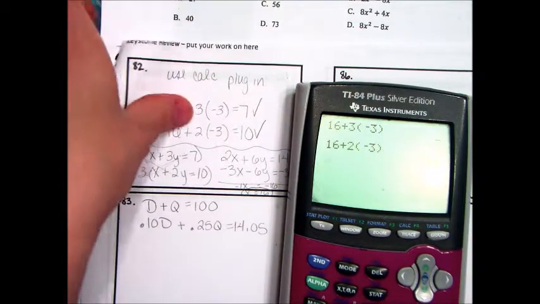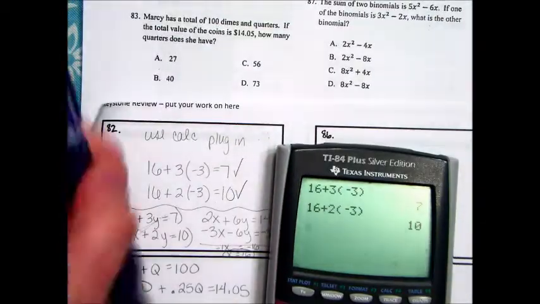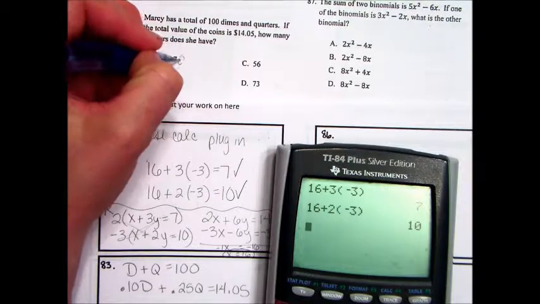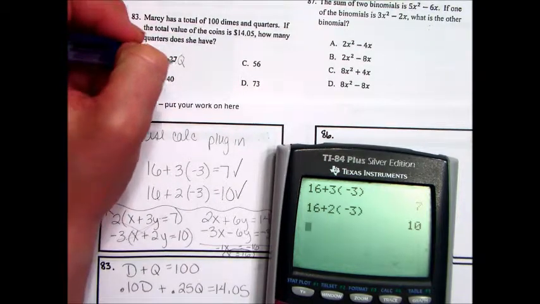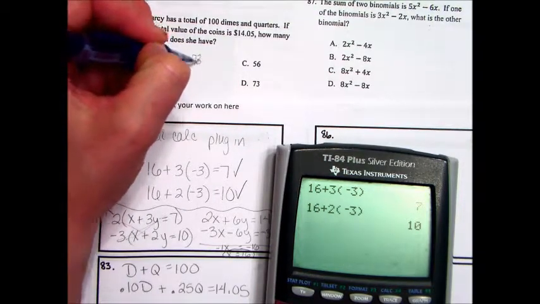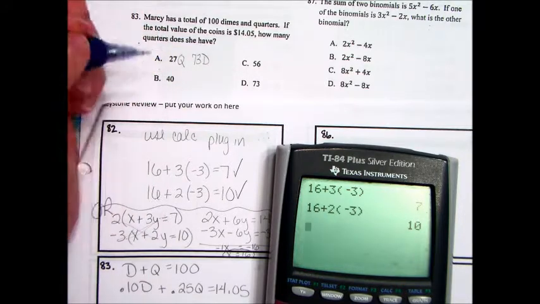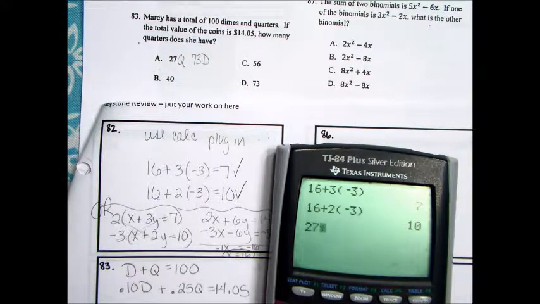Here's what I'm going to do. If this is how many quarters she has, that would have to mean that she'd have 73 dimes because it has to add to 100. Let's just try that. There's a quarter. There's a dime. That would make, oh, look at that. That was like the perfect first guess. That would make 1405.